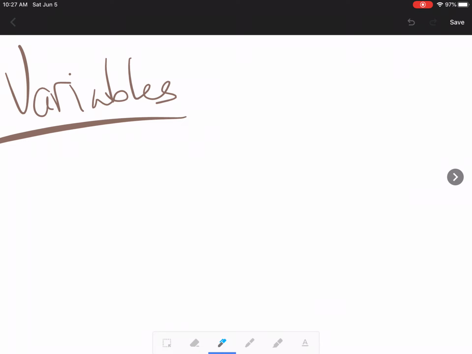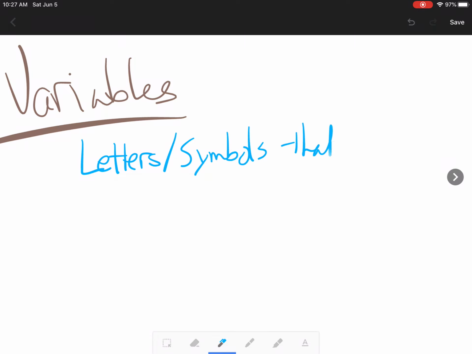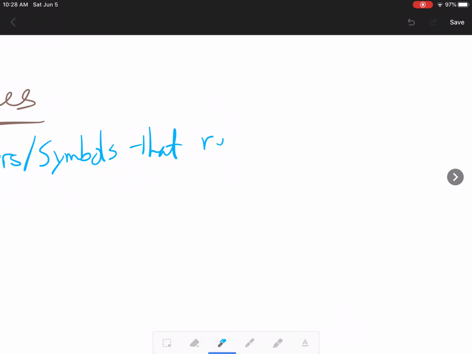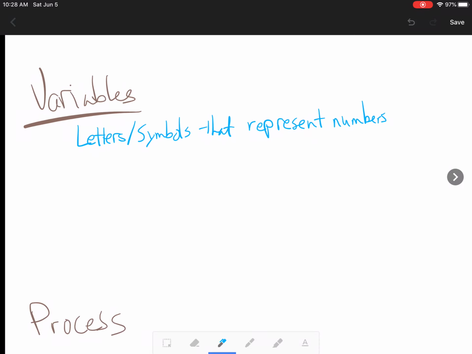Variables are either letters, sometimes symbols, depending on the situation, that represent numbers. And usually in math, we have two big things that we do with variables. There's a line in the sand, so we go with yellow to represent that sand.